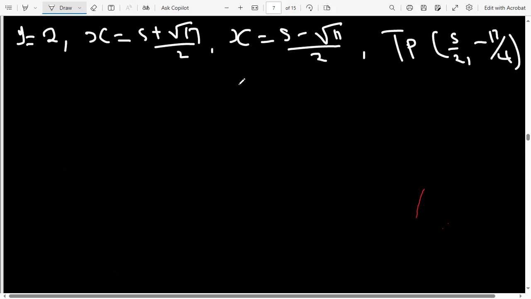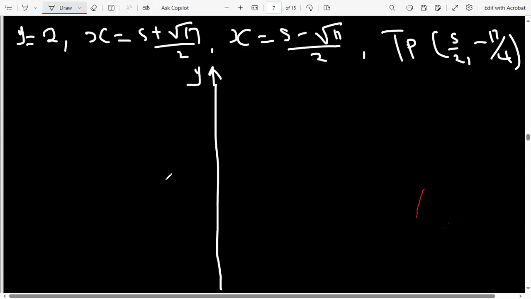So we need these 3 things in order for us to sketch. So let's sketch now. This is my y-axis. Let me draw it properly. So this is my y-axis, like that.